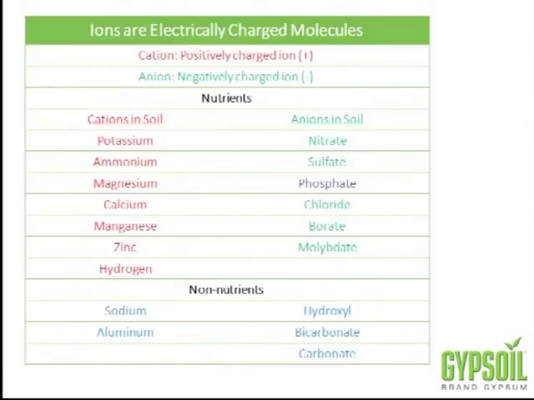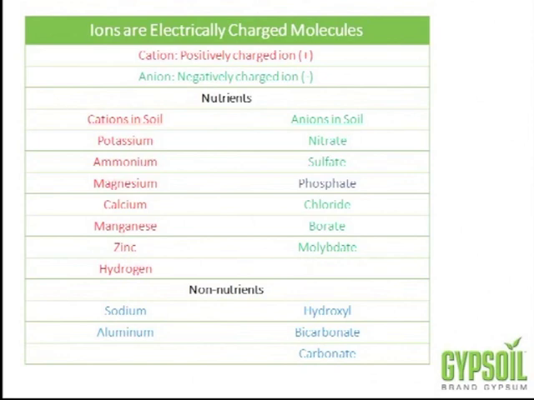When you get your soil test results, you have to think about your nutrients really as ions, and ions are electrically charged molecules. You have your cations, your positively charged ions, and you have your anions, your negatively charged ions. If you look at the cations in the soil: potassium, ammonium, magnesium, calcium, manganese, zinc, and hydrogen. And then your anions, the ones here on the top tend to move the most: nitrate and sulfate.